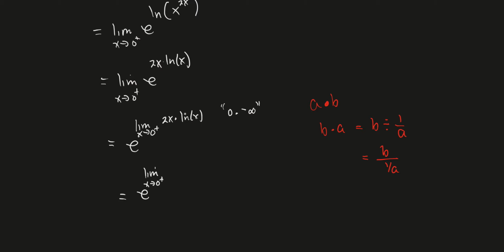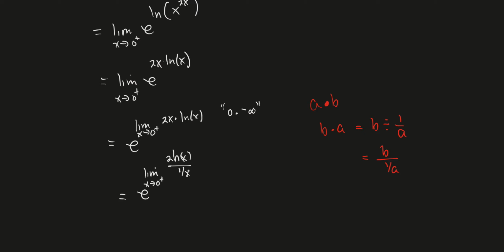So what do we do here? I'm going to keep it as 2 ln x, the natural log of x, and then I'm going to divide by 1 over x, right? So I'm keeping the 2 ln x in the numerator, and then I'm taking this factor of x and dividing by its reciprocal, right?